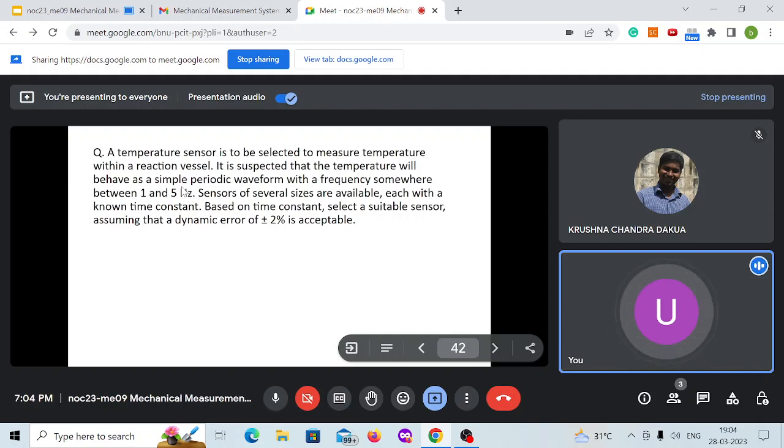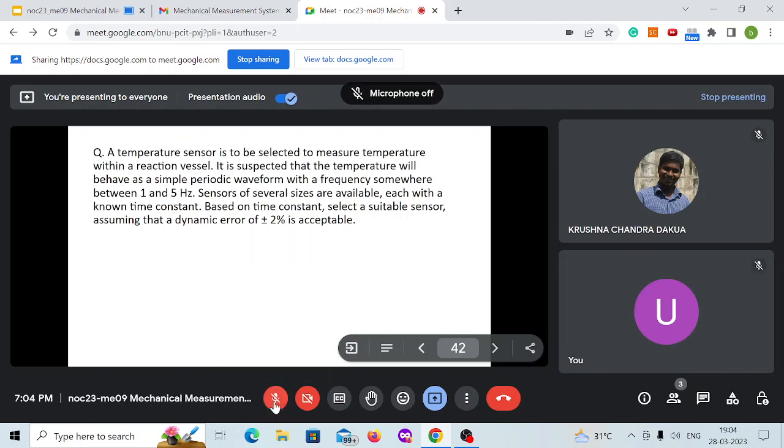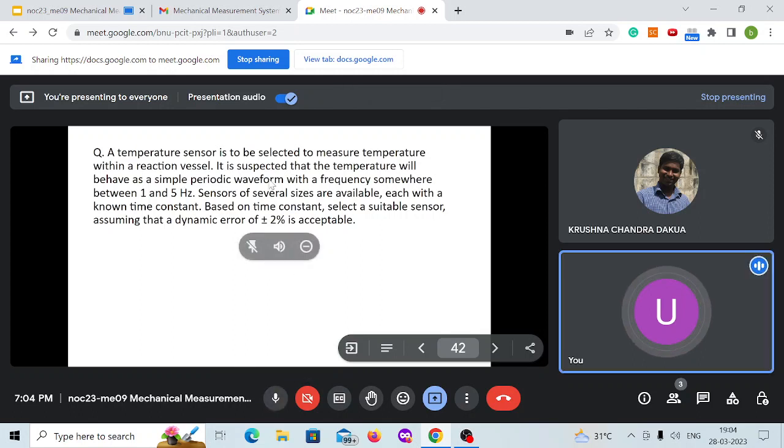Based on the time constant, select a suitable sensor, assuming that a dynamic error of plus or minus 2% is acceptable. In this case, we've been asked to find the time constant, to select a better sensor to measure the temperature. We have been given the frequency and the error also. So you have to find a suitable sensor for this case.